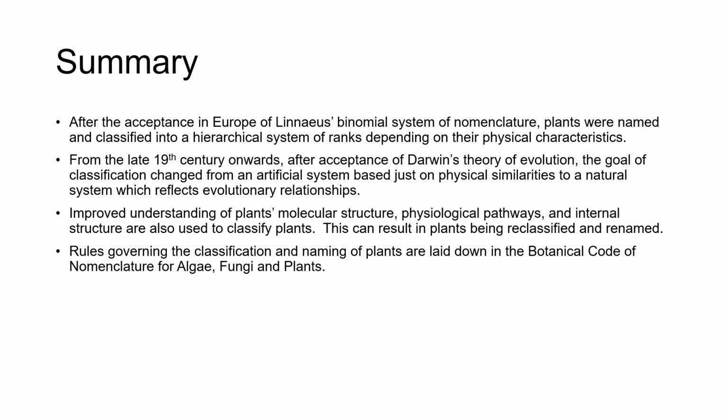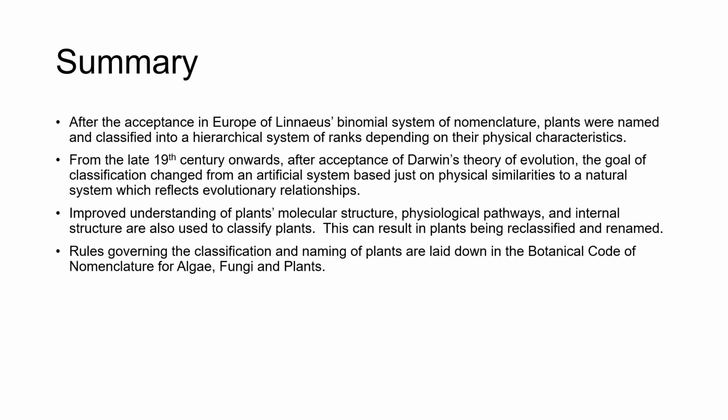So let's finish this video lecture by summarizing what's been covered. After the acceptance in Europe of Linnaeus's binomial system of nomenclature, plants were named and classified into a hierarchical system of ranks depending on their physical characteristics. From the late 19th century onwards, after acceptance of Darwin's theory of evolution, the goal of classification changed from an artificial system based just on physical similarities to a natural system which reflects evolutionary relationships.